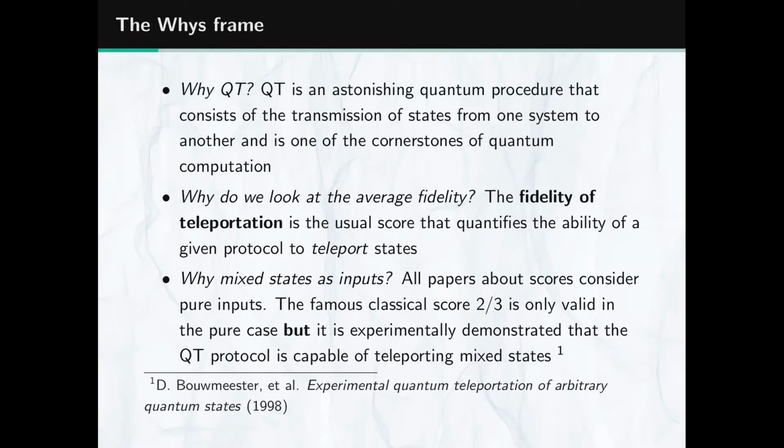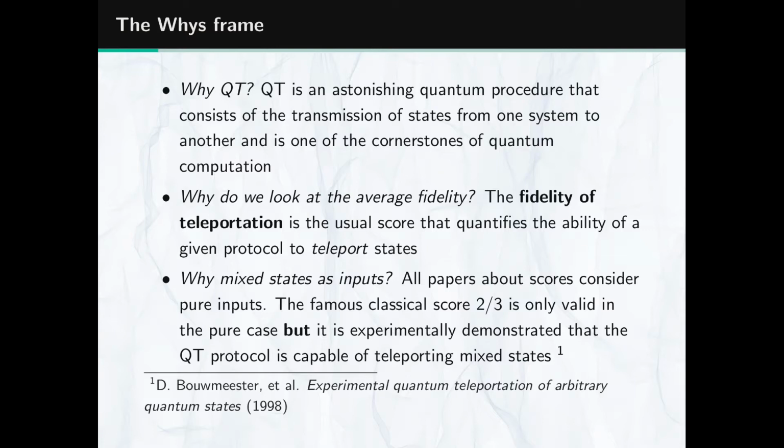And why do we consider mixed states as input? Well, it is experimentally proved that you can teleport arbitrary states. You can teleport anything, not just pure states, as for example, the famous classical score 2/3, which is only valid for pure states.